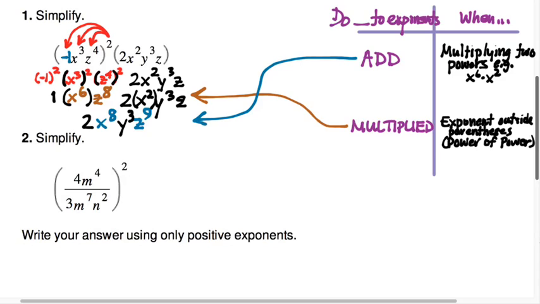Exponents add when the powers are being multiplied, x to the 6th times x squared. Exponents multiply when the powers are being raised to powers. And anytime we raise a power to a power, you'll always see parentheses around the inside power. That was the visual element that you were noticing that led you to remember to multiply here. But the arithmetic behind that is it's because we're raising a power to a power that we would multiply exponents.